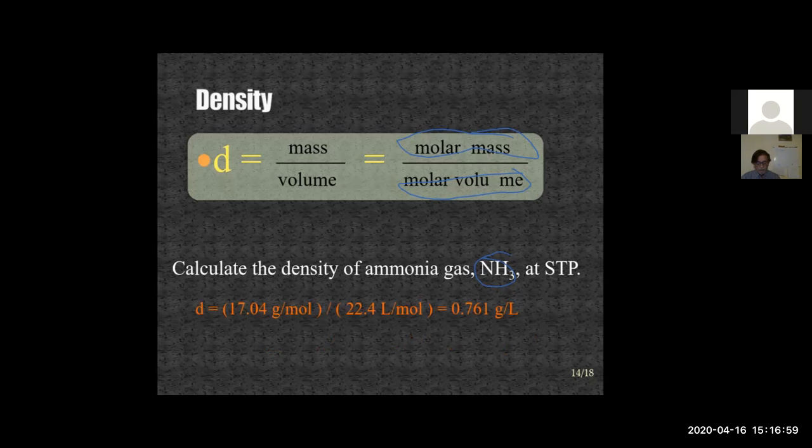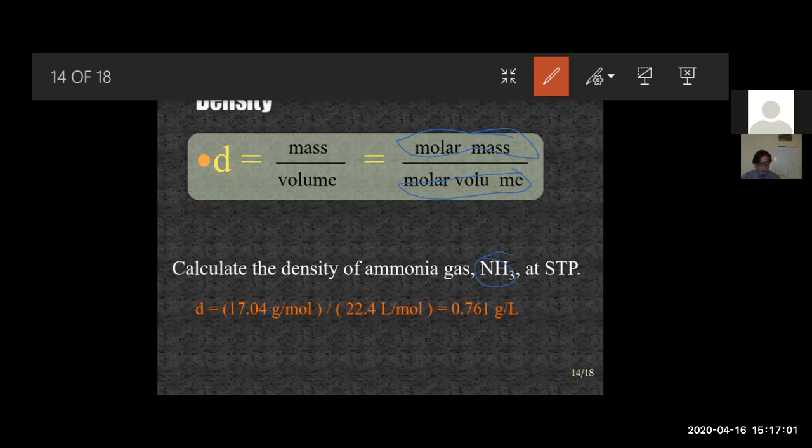We can set that up. 17.04. That is the molar mass. That's 1 nitrogen, 3 hydrogens. That's 17.04 total. And the molar volume is 22.4 liters per mole. And if you look at the units, they all cancel out. The moles cancel out, leaving you with grams per liter, which is the density.